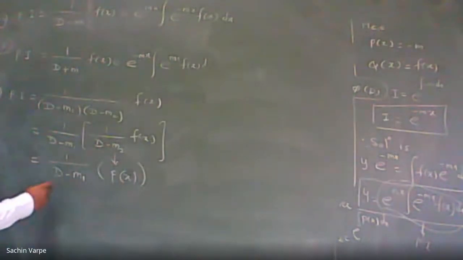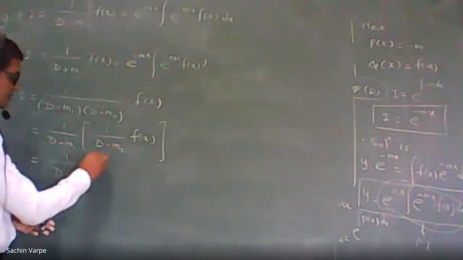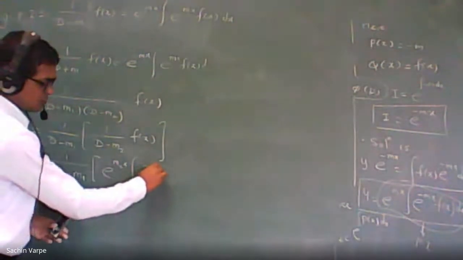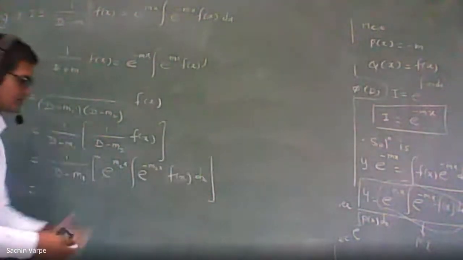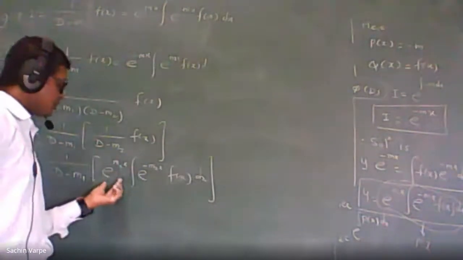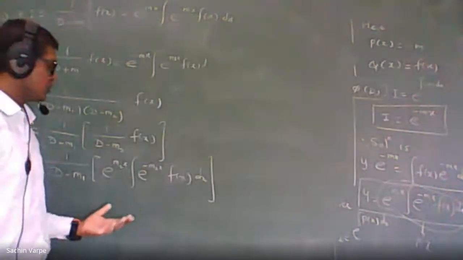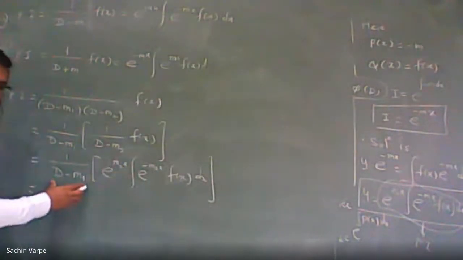Okay, so that is the only thing. Let me write its solution. What will the solution be here? It is e raised to m2x integration of e raised to minus m2x f of x dx. Is it okay? So when I solve this integration, that integration value will be a complete function of x. Let us denote it by capital F of x, or let it stay as it is, and then onto that function we operate this operator.